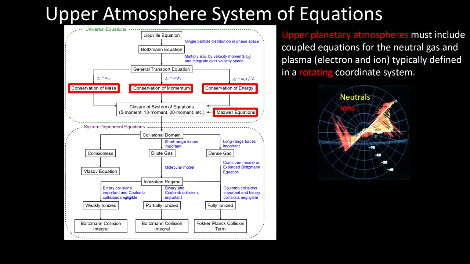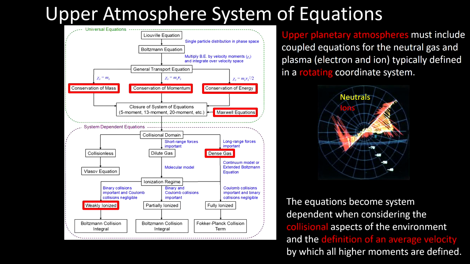Now, those equations are rather universal, but when you get to your system, when we're talking about below 250, and we have to solve the Boltzmann collision integral, you start talking about the collision domain. Which collision domain do we lie in? Because that determines how the Boltzmann collision integral will be solved.